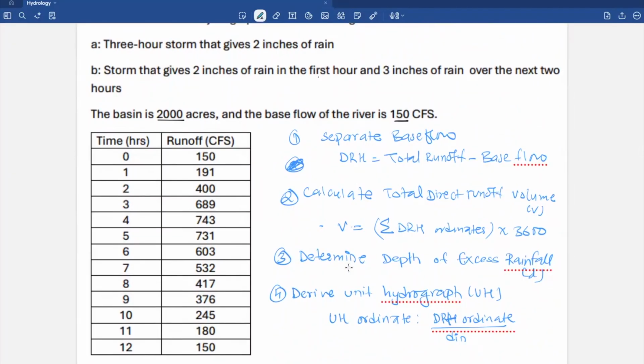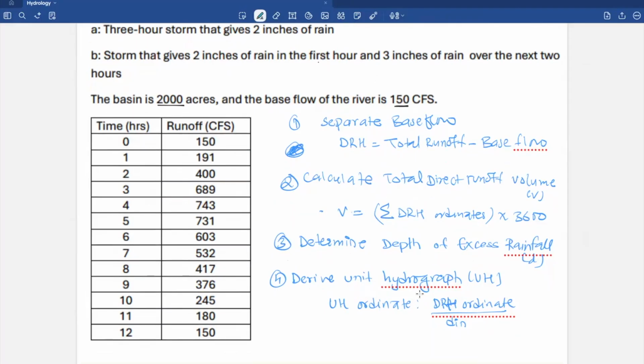The measured flows include base flow, water that was already in the stream from the groundwater. We have to subtract it out. So the direct runoff hydrograph is total runoff minus base flow. Since our base flow is 150, 150 minus 150 will be 0 for time 0.